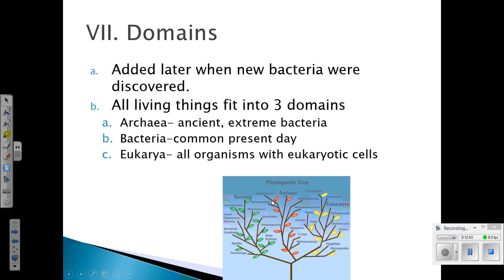So they are in their own category because they usually eat chemicals, they live in toxic environments. And then there's the bacteria, those ones that are making you sick, that's stuff in your yogurt and all over. And then the eukarya are everything else. So this is the plants, the fungi, and the animals all together in the eukarya branch. So domain is higher than kingdom, basically.